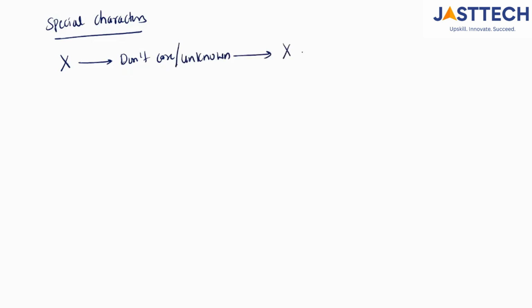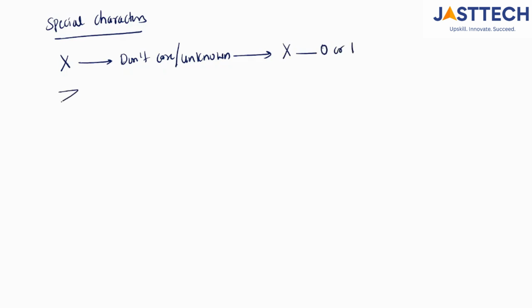Next, special characters. You have special characters like X. X is nothing but don't care, or unknown. In digital we already saw the value of don't care, 0 or 1.